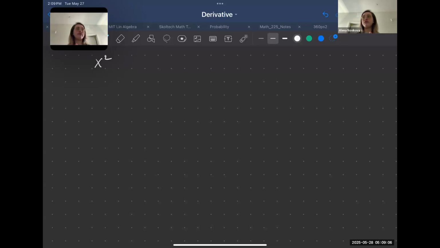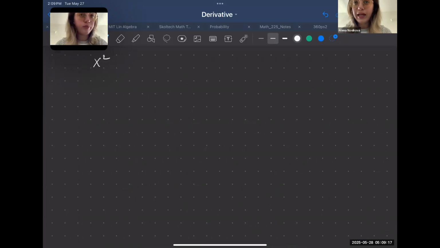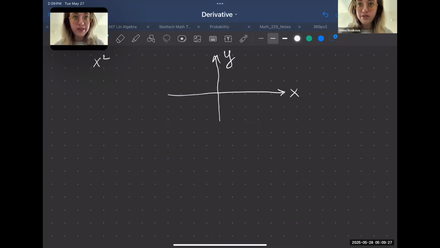And usually when we are working with functions in a 2D coordinate plane, we have two axes. We have the x axis and we have the y axis. So we need two values that we're looking at when we want to graph this function.